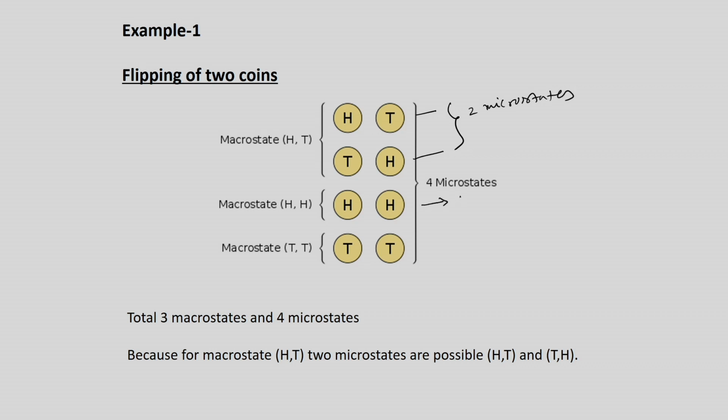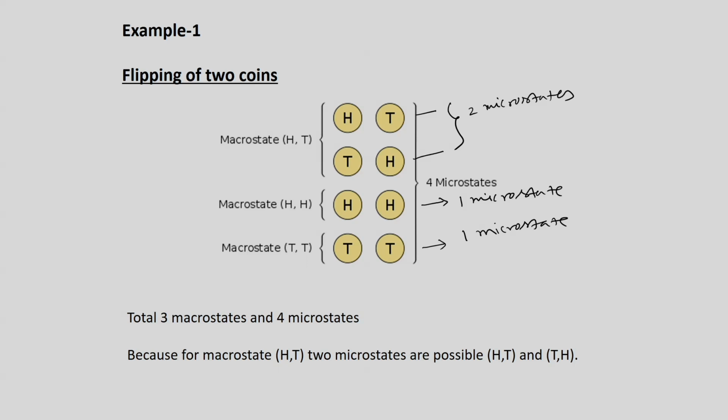For HH we get 1 microstate, and we can also get tails for both the coins. For this macrostate, which we denote by TT, we get 1 microstate. So we have a total of 3 macrostates.